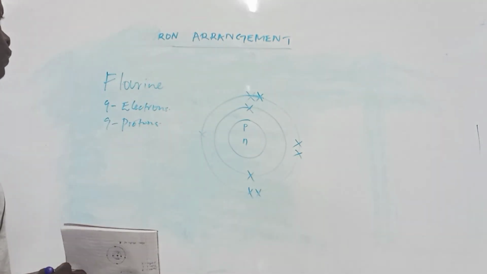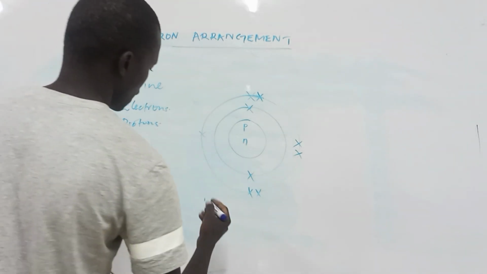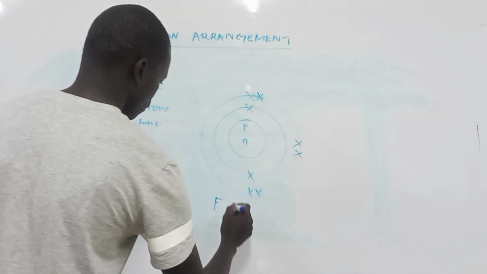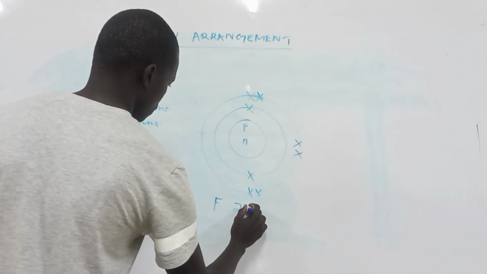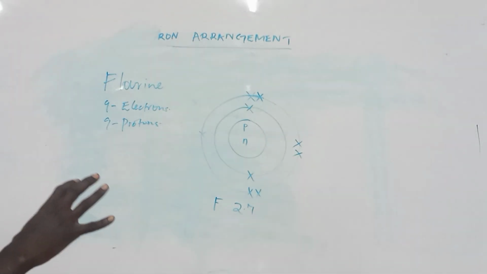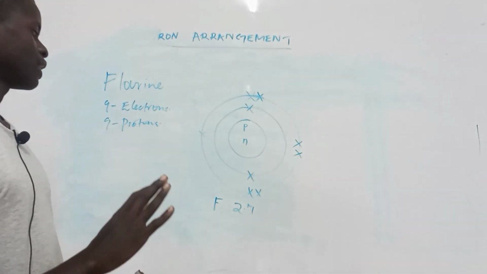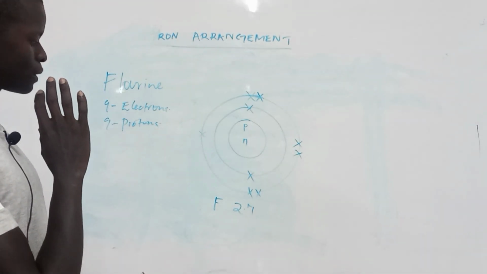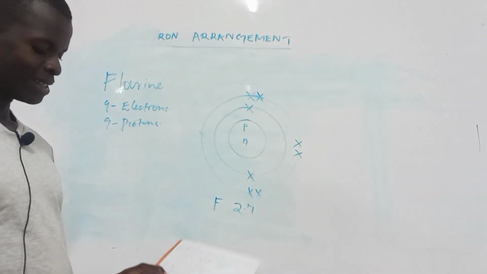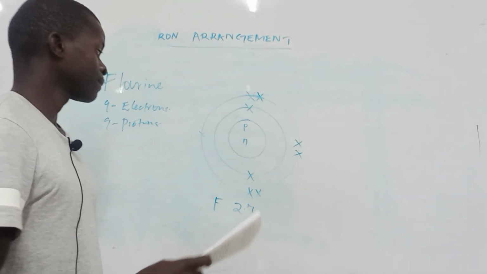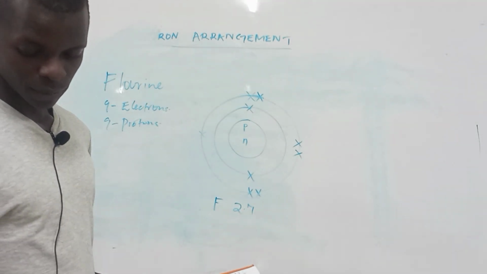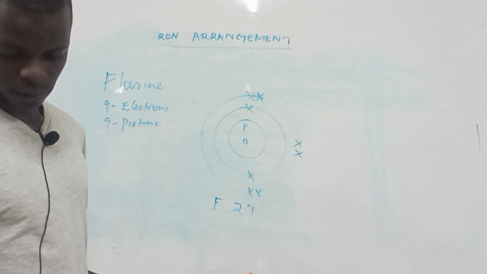So that is fluorine. The symbol for fluorine is F. Now the electron configuration is 2, 7. At that moment we have drawn the structure of fluorine, indicating the electron configuration. Now we can draw the atomic structure of any given element, having known that.